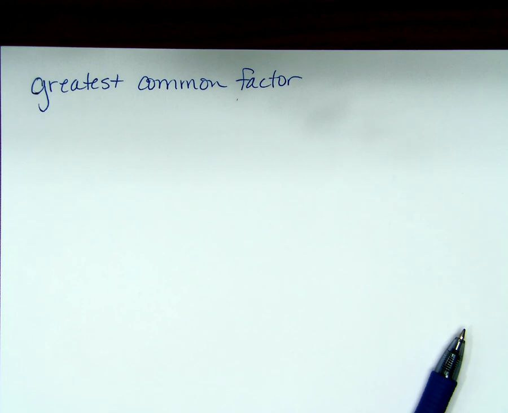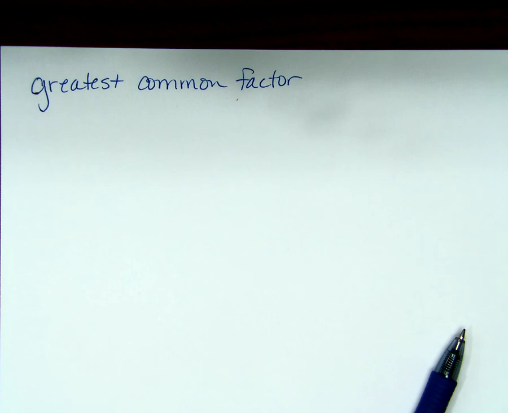Now, sometimes the words greatest common factor can be deceiving because people think it has to be a real big number or bigger than everything else that's there. It's just the greatest common factor, which means it's going to be at least as small as the smallest term that you can factor out of each term.